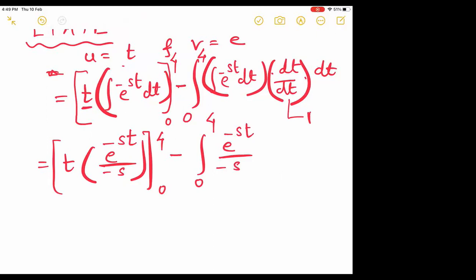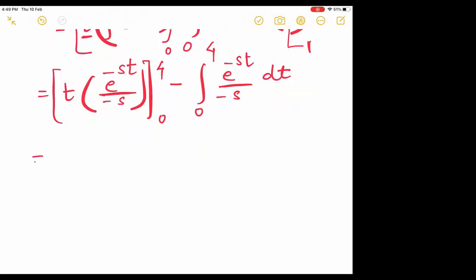Integration is with respect to t. So you will be getting the first term. Now if you put the upper limit 4, this is 4 into the bracket e raised to minus 4s upon minus s, the upper limit answer. The lower limit answer will be 0 because t is there. When you put t equal to 0, you will get 0.